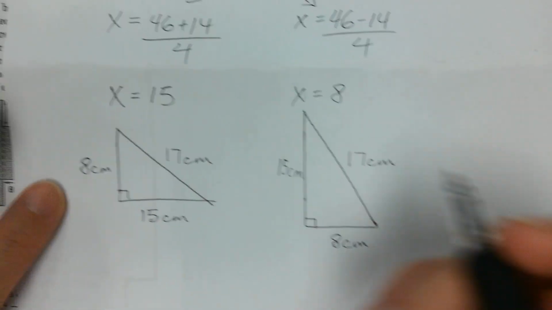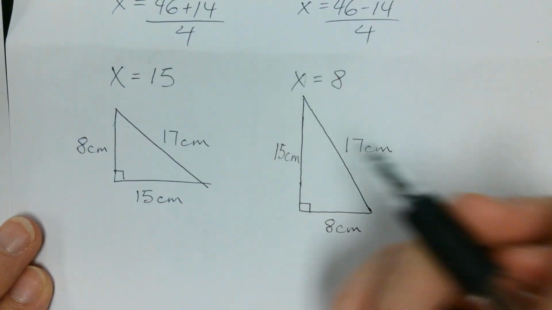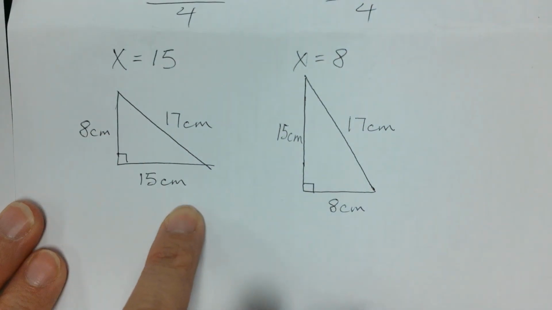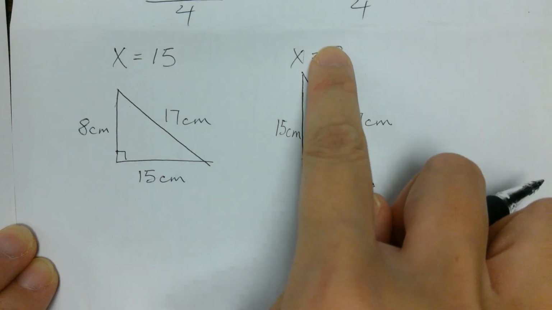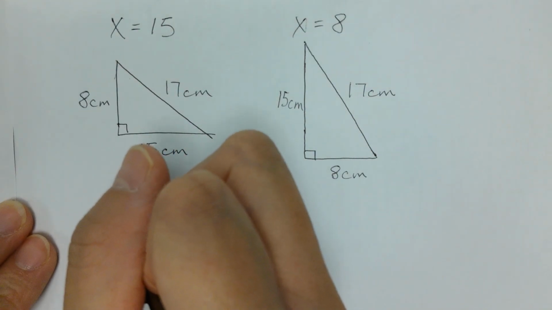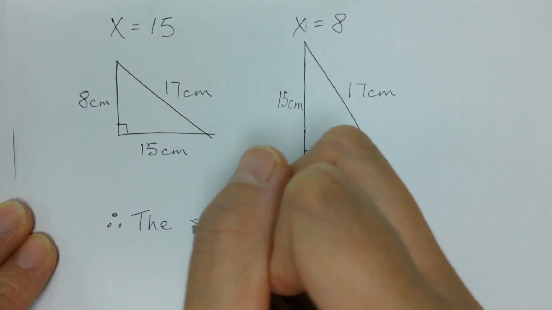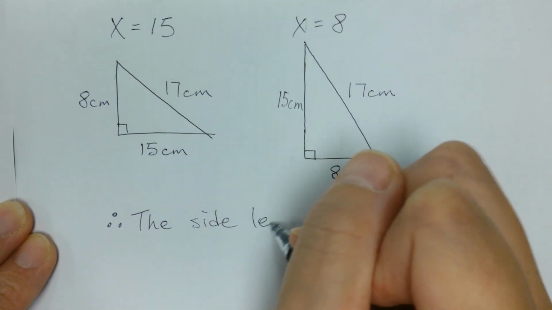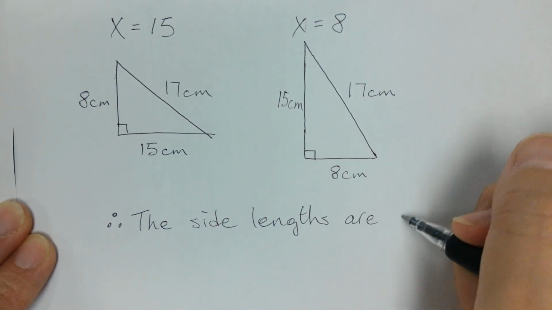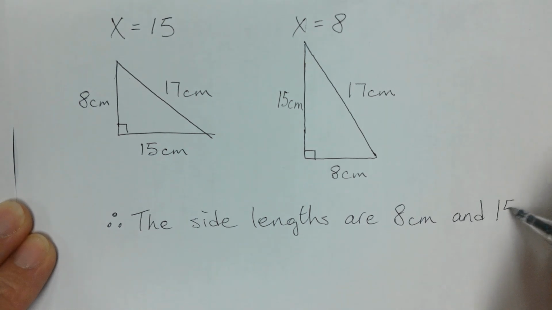When you sub in 8, you get 8 and 15 as the 2 side lengths. So in this case, you're just saying, therefore, the side lengths are 8 centimeters and 15 centimeters.